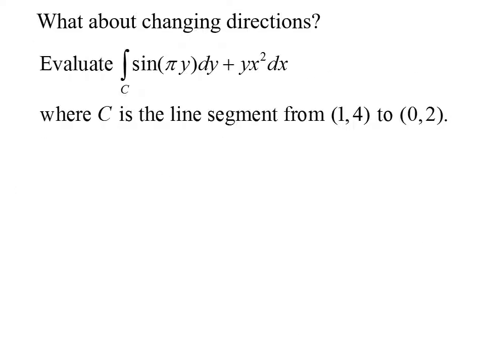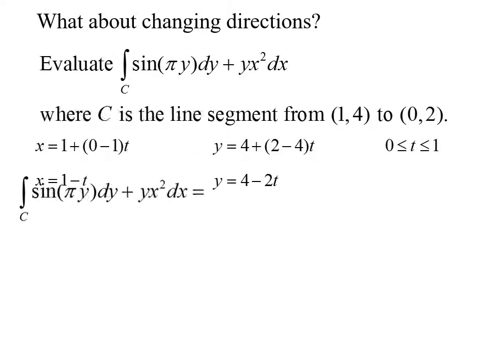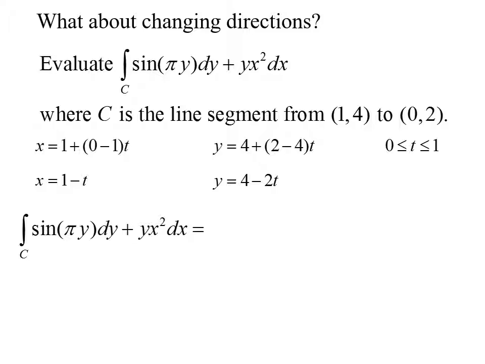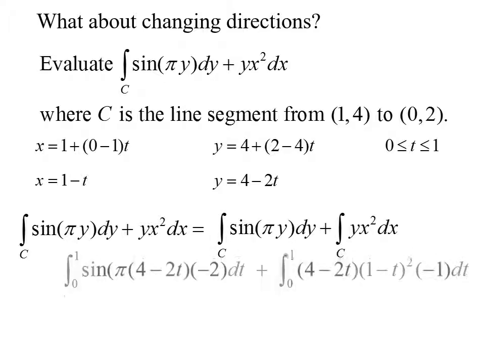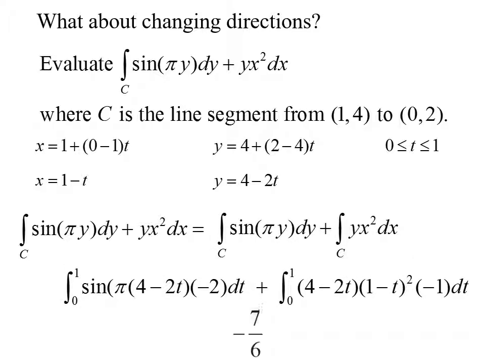Now, if we reverse the directions on this and go from 1,4 to 0,2, we'll need to reparameterize if we're doing it in terms of t. And you notice that we get the opposite value, which of course we kind of thought we should, since it's the same type of thing we were just talking about, vector fields.